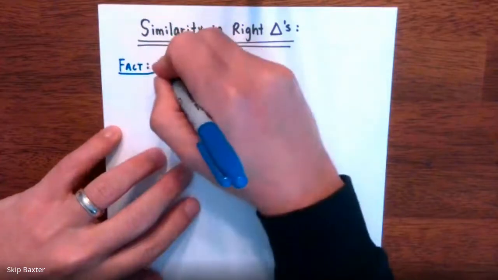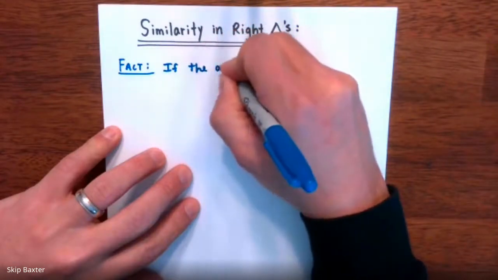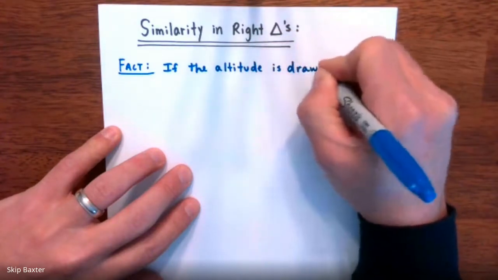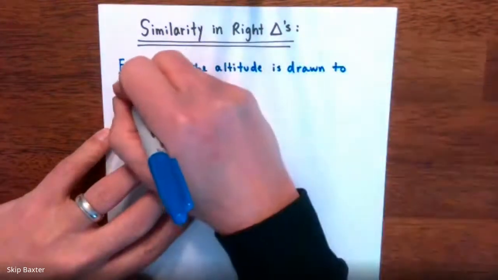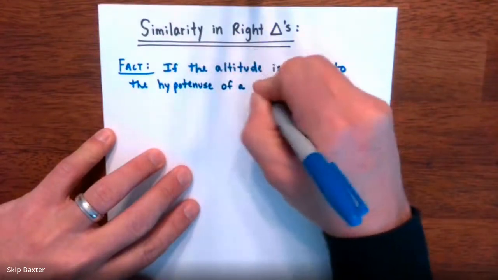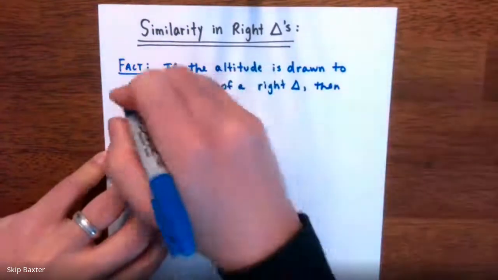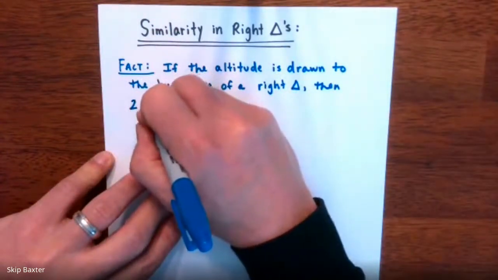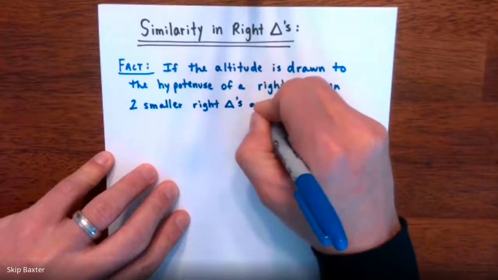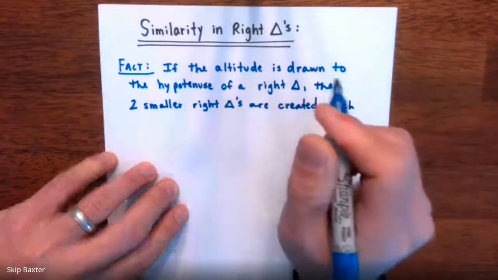And the fact is that if the altitude is drawn to the hypotenuse of a right triangle, then two smaller right triangles are created, each of which is similar to the whole right triangle.